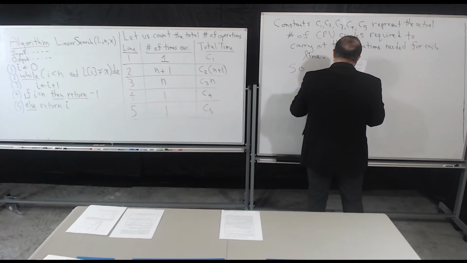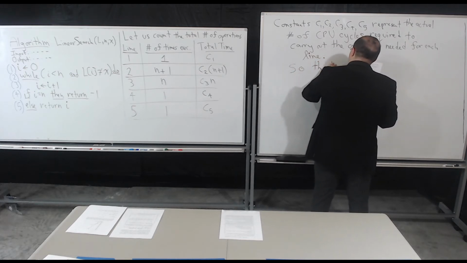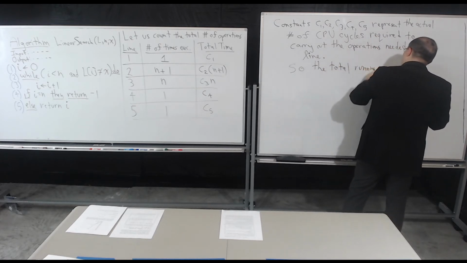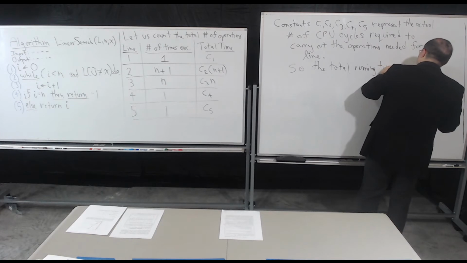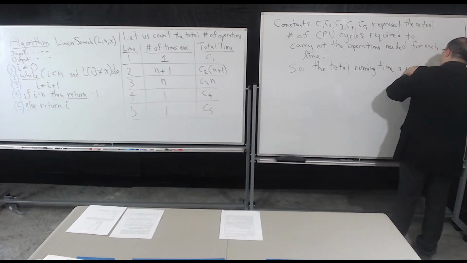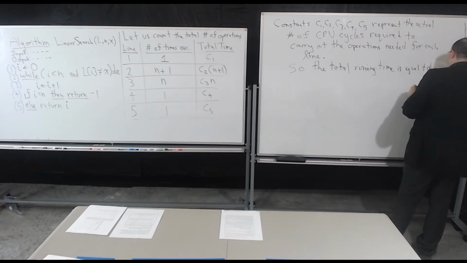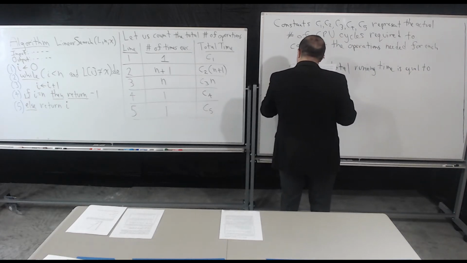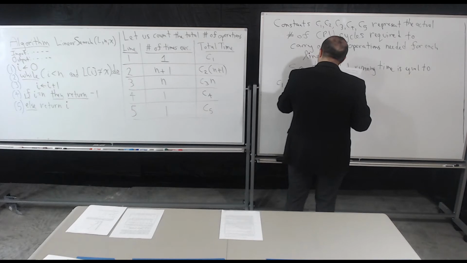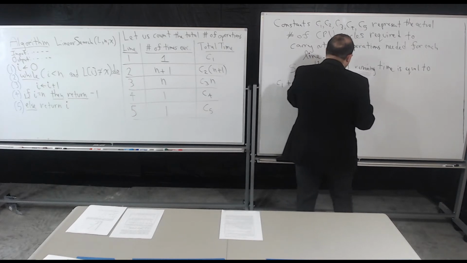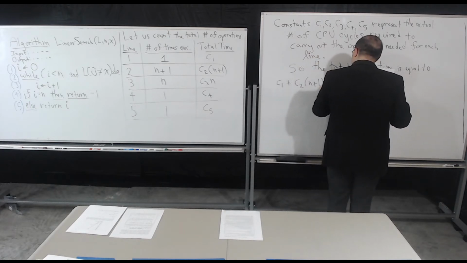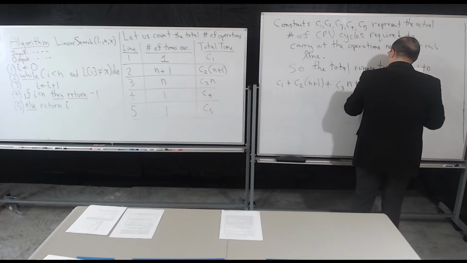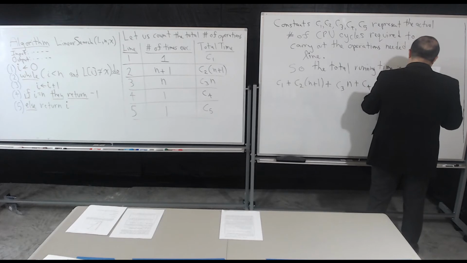So the total running time is equal to what? I'm just going to sum up the total times. So this is C1 plus C2 times n plus 1 plus C3 times n, right? Plus C4 plus C5.